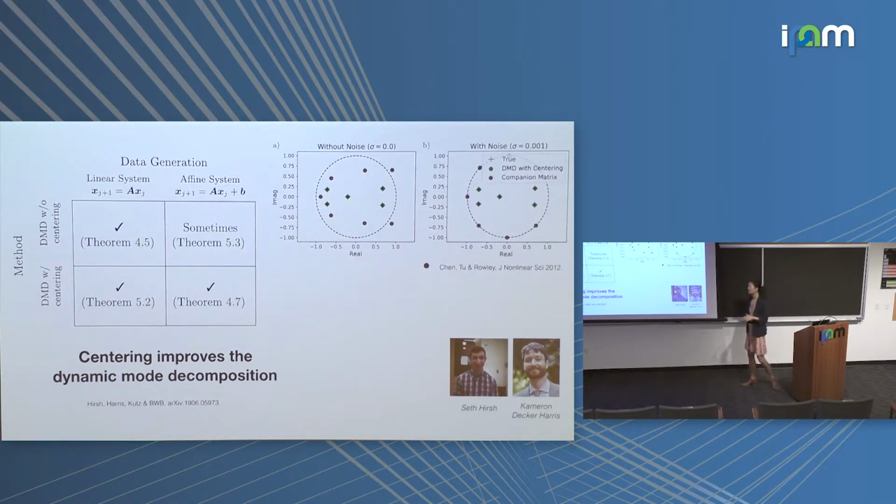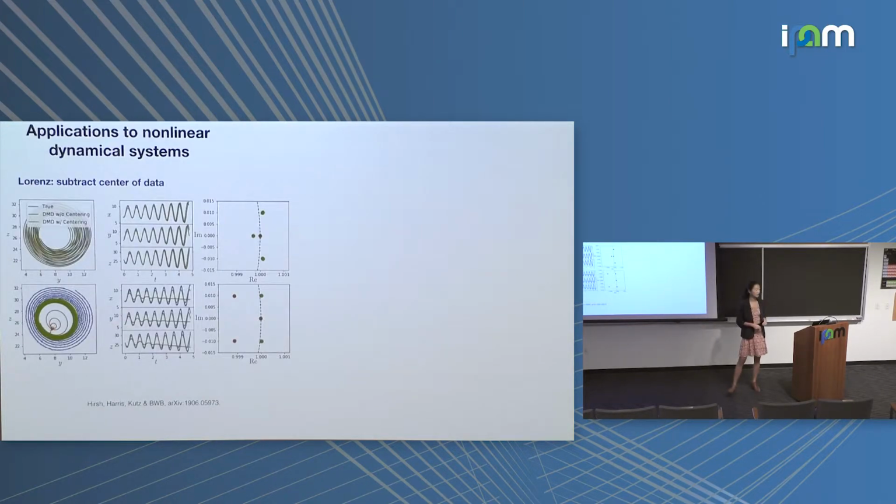So that works as long as your model is pretty linear. You either have a linear system or a linear affine system. We also applied it to a couple of nonlinear systems for which we know the model is wrong. And what you can see here is for Lorenz, and this is only one lobe of the Lorenz, the true data is plotted in blue. If you do DMD without centering and DMD with centering, both of them are wrong.